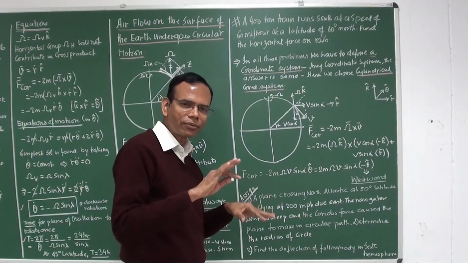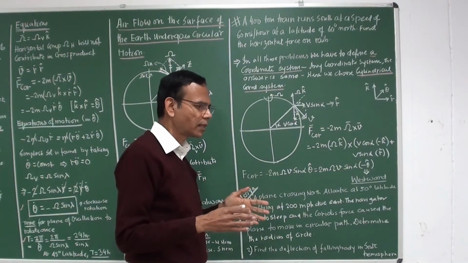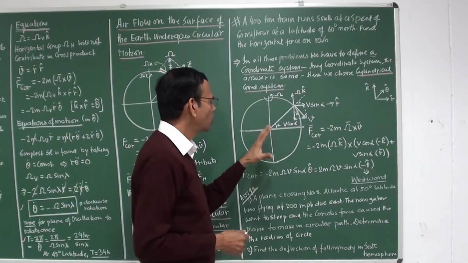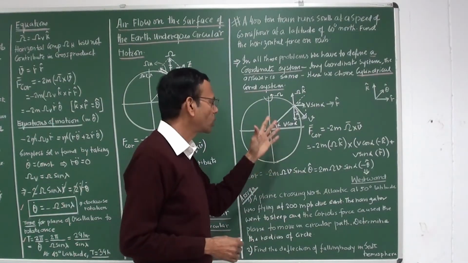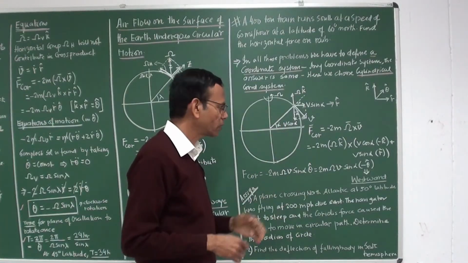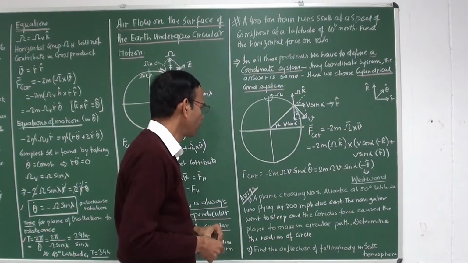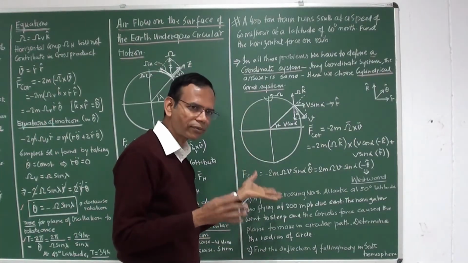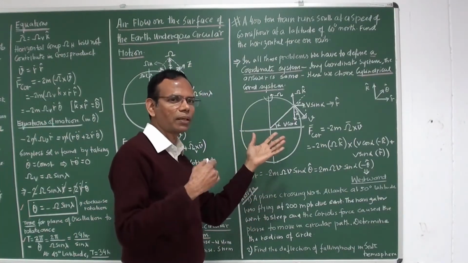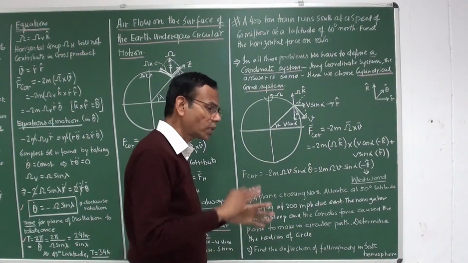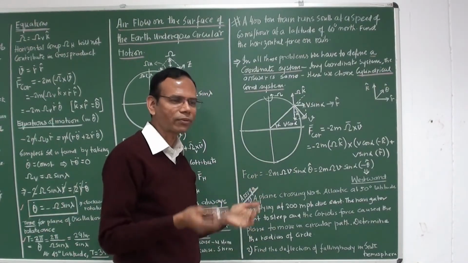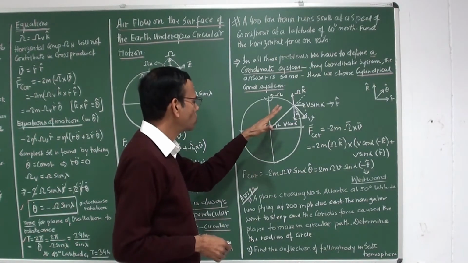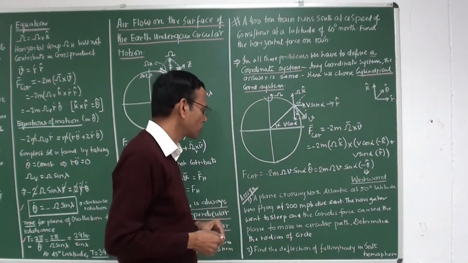You can see that different coordinate axes give rise to the same result. Only thing is we have to be thorough with it. You can do r theta, you can do xy, whatever it is. This problem is solved a little differently compared to the previous one, so that we get a flavor of all the different axes. I request you to try to solve it differently also.